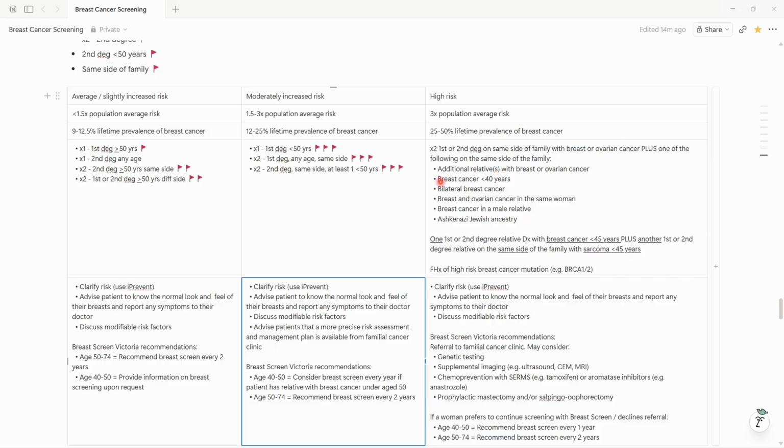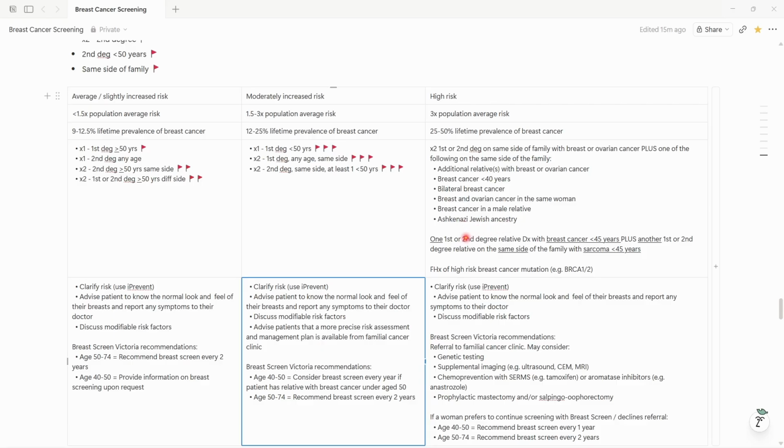If one of the family members has a breast cancer under 40, if they have bilateral breast cancer, if they have breast and ovarian cancer in the same woman, or breast cancer in a male relative, or if they are of Ashkenazi Jewish ancestry. So: additional relative with breast or ovarian cancer, breast cancer under 40 years, bilateral breast cancer, breast and ovarian cancer in the same woman, breast cancer in a male relative, or Ashkenazi Jewish ancestry.